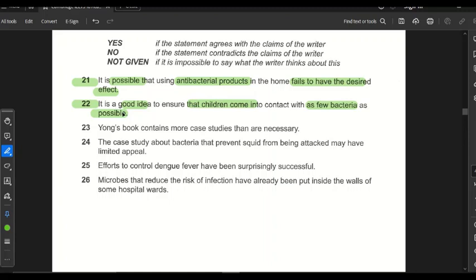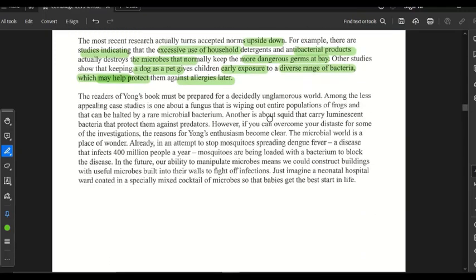Now let's continue. Young's books contain more case studies than are necessary. Let's proceed. I think that'll be the last paragraph. The readers of Young's book must be prepared for an unglamorous world. Among the less appealing case studies is one about fungus that is wiping out entire populations of frogs, and that can be halted by a rare microbial bacterium.